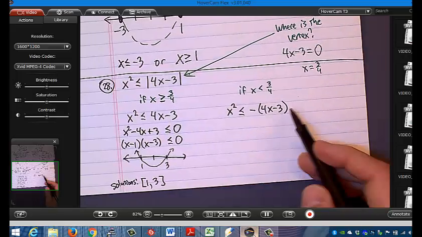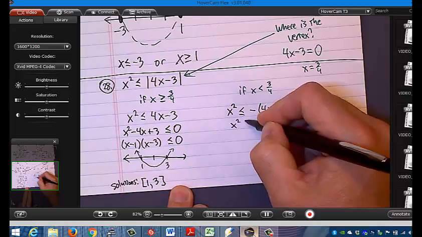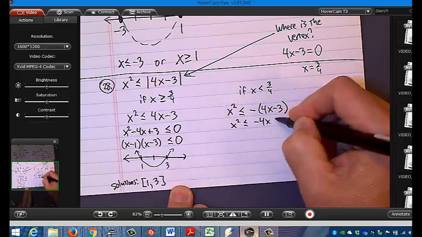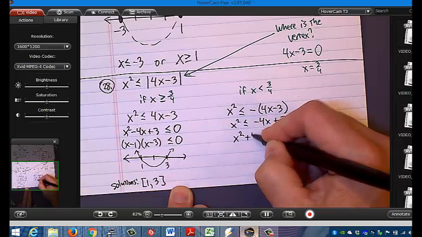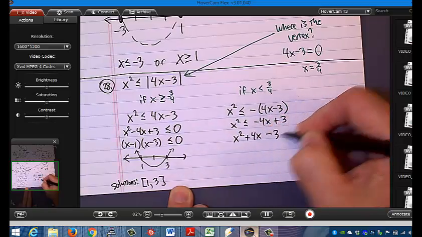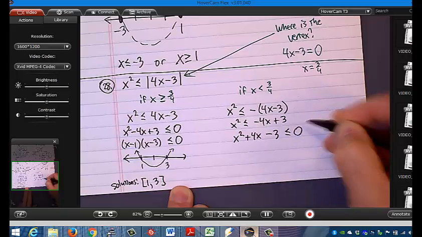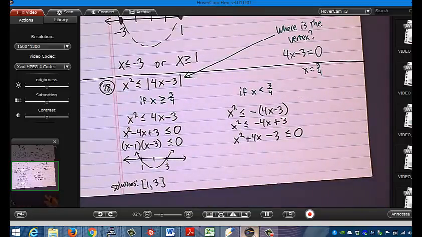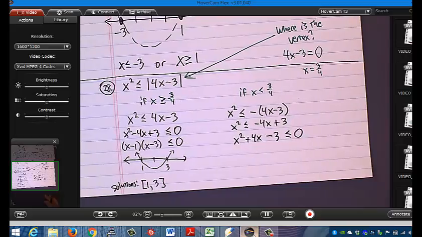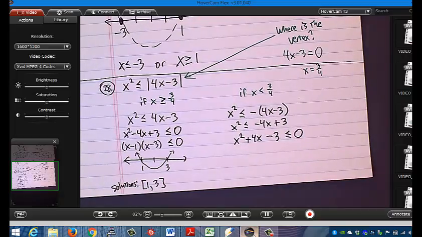Here we go, try again. x squared is less than or equal to negative 4x plus 3. So now I get x squared plus 4x minus 3 is less than or equal to 0. Ooh, I don't like that one as much. It doesn't factor. I still want to use a sign diagram idea, but in order to get the zeros, what do you need?